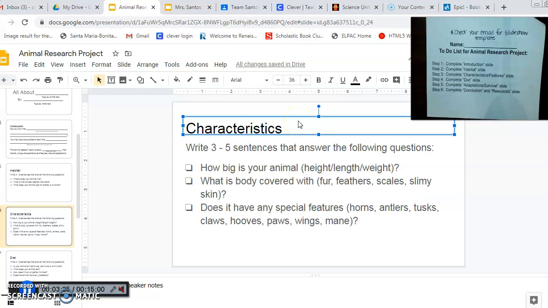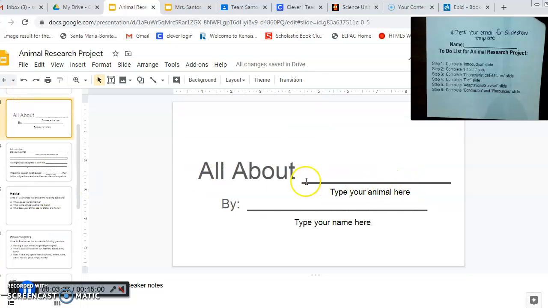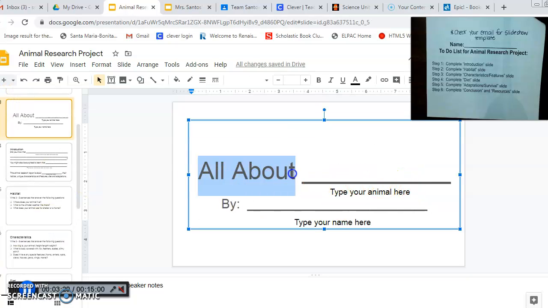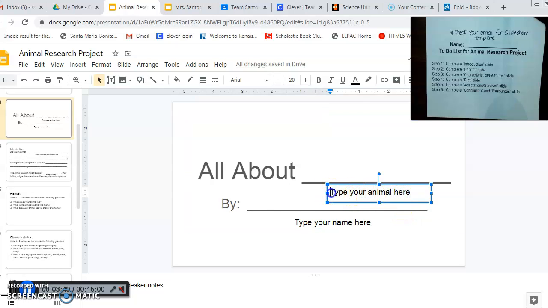All right? The slides have words on them that you need to leave there because you are supposed to fill in the blanks. All the blanks have lines like this. That means you have to fill it out with information that you've gathered from your research. What do I type right here? Well, as you notice, right underneath the line, I've already told you what to type right here.